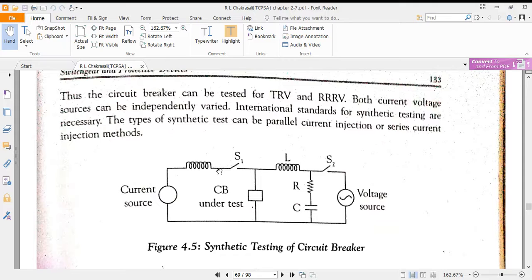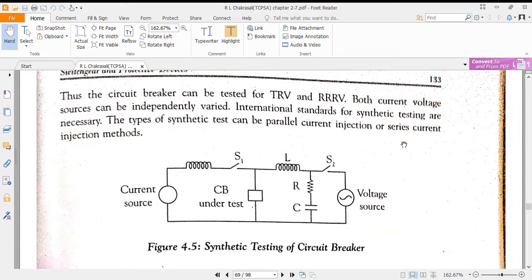In this way, we can create the parallel and series resonance so that we can apply the surge voltage and surge current to the circuit breaker which we are trying to test. This is how the circuit breaker can be tested for TRV, transient recovery voltage.